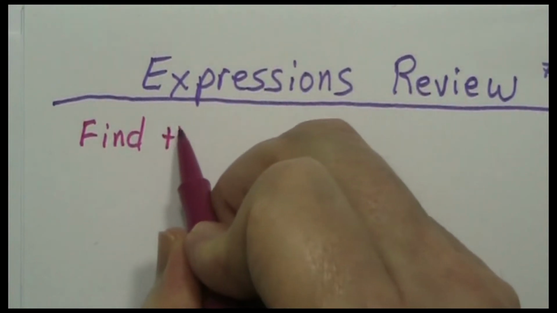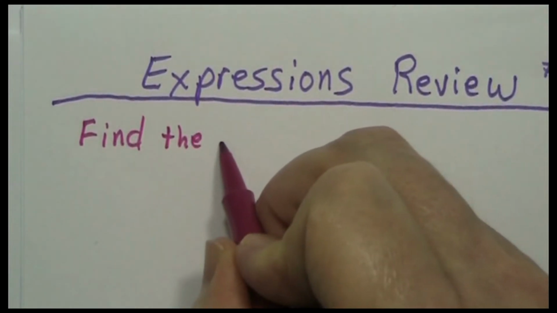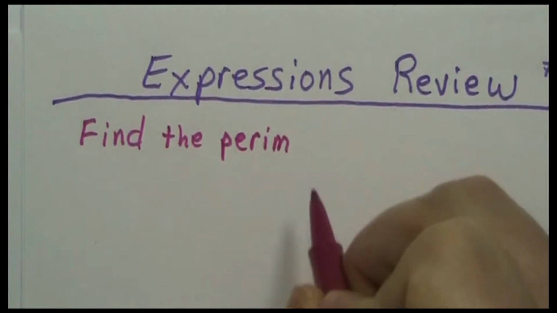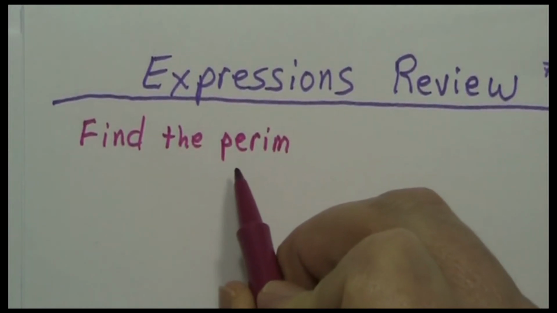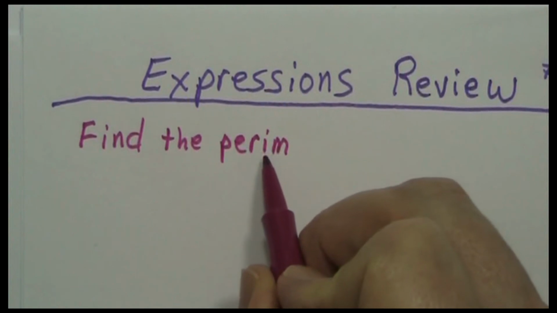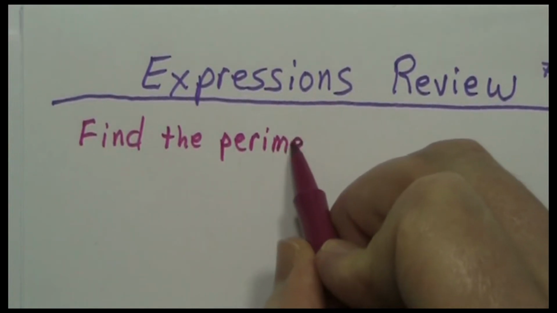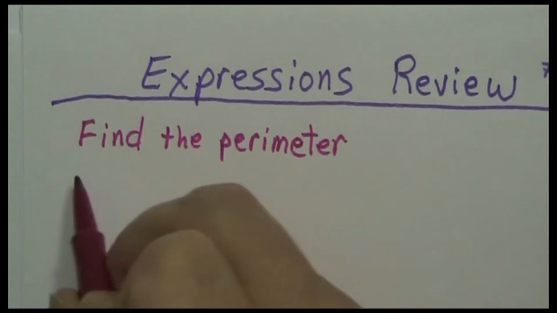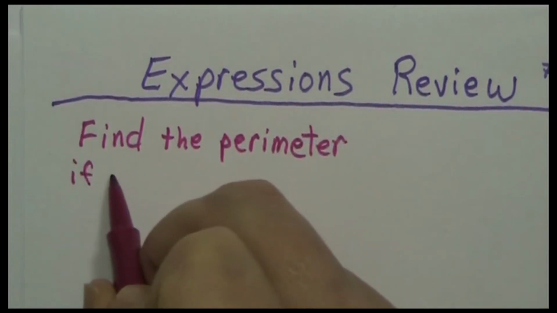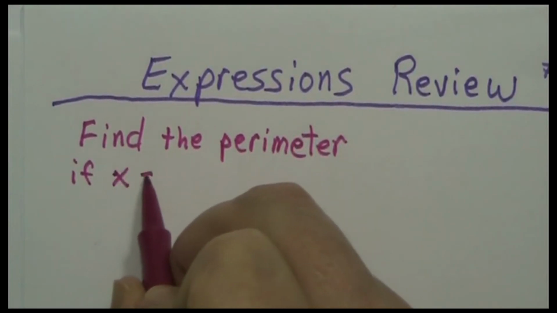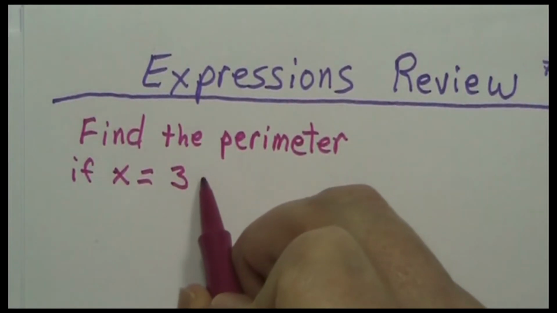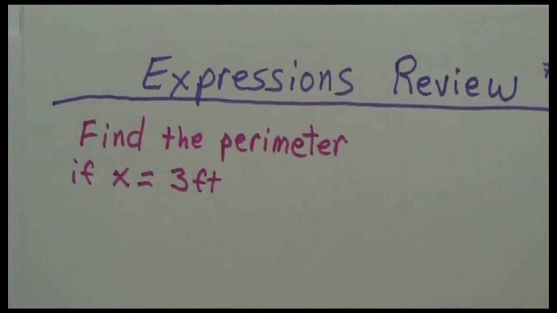So find the perimeter. So that is peri, P-E-R-I, and then meter. Find the perimeter if x equals 3 feet.